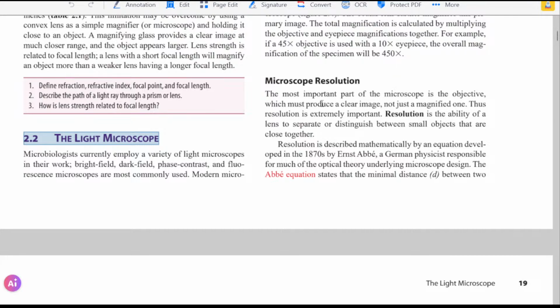Today we are going to study an important topic, and that is microscope resolution. How does the resolution of the microscope work? We know how the lenses are fitted and how things like focal length work, but we don't actually know how resolution works.